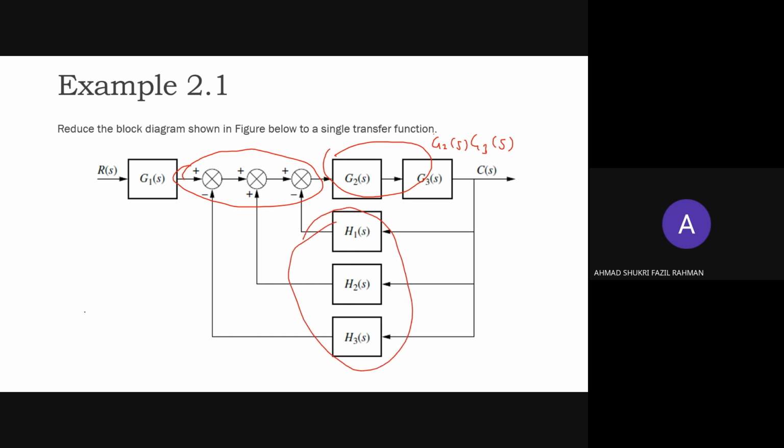So this part is equal to negative H1(s) plus H2(s), since H2 is positive, and then minus H3(s).